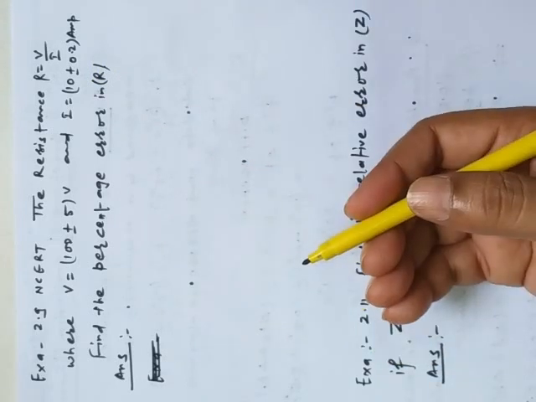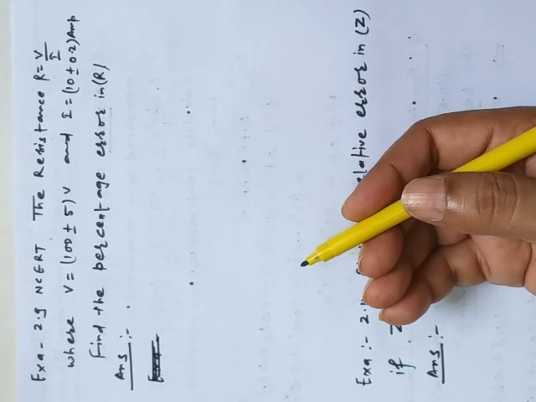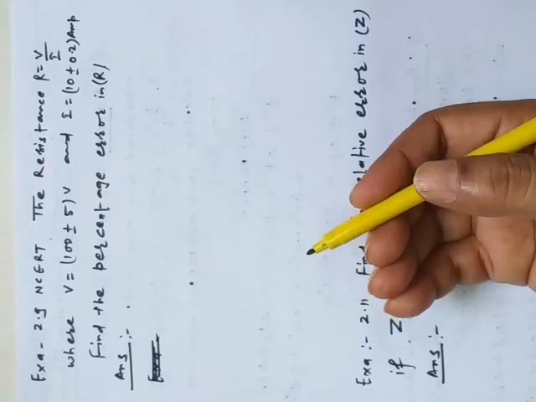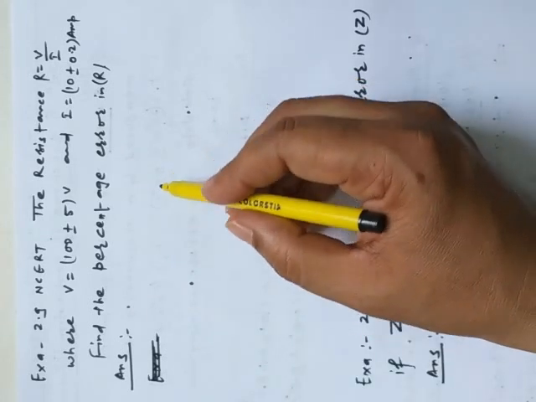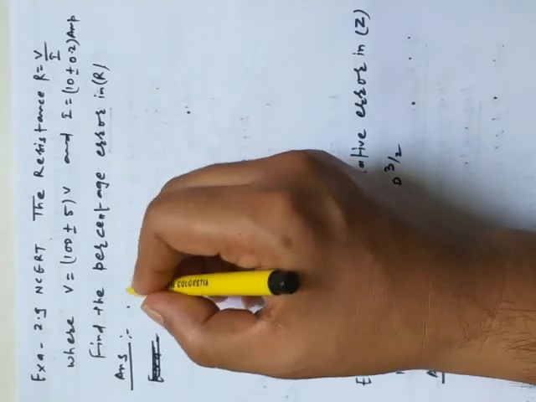Sometimes the formula is given in the question, but generally we are not giving the formula to the students, because up to 10th class they have to learn several formulas. So the final formula of the percentage error in R can be dictated.